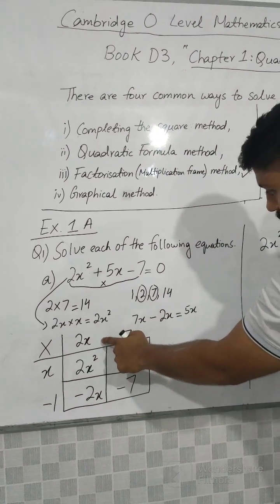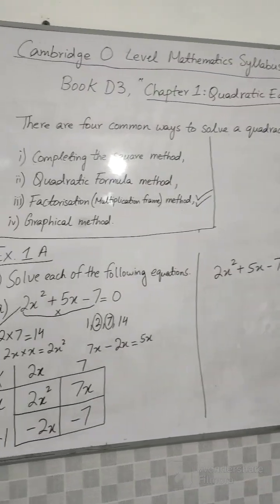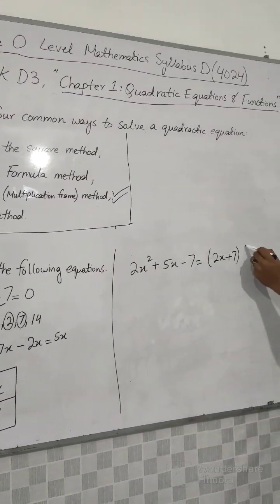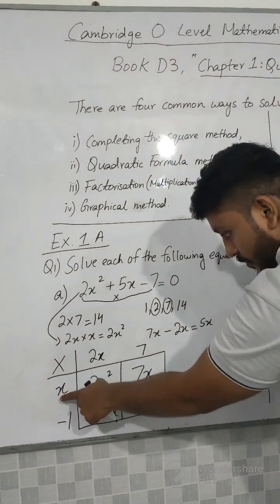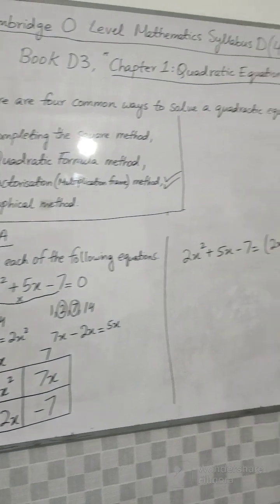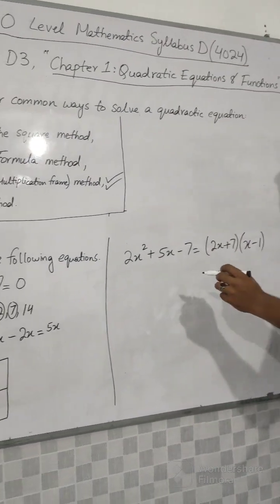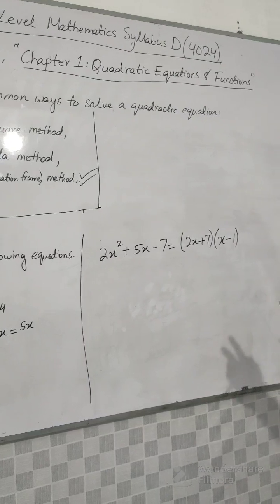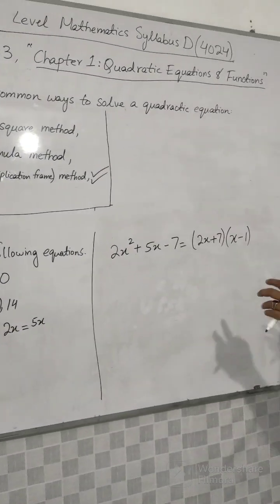The first bracket will be 2x plus 7. This is how you will be factorizing. The second bracket will be x minus 1. So these are the two brackets using the multiplication frame.